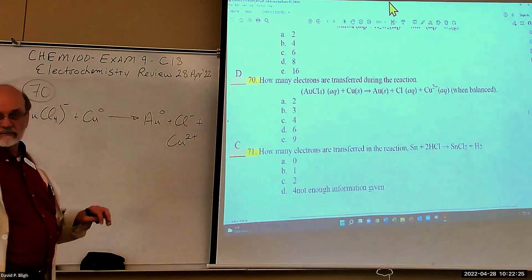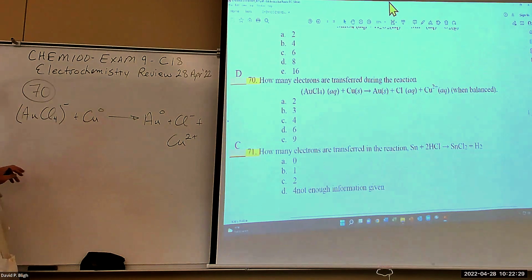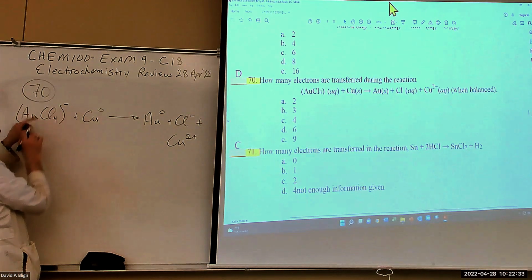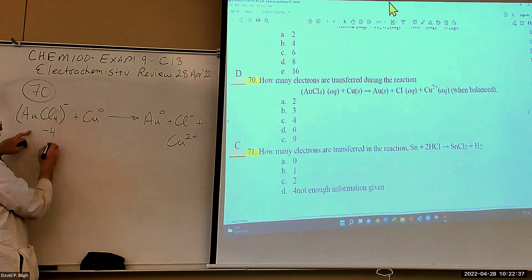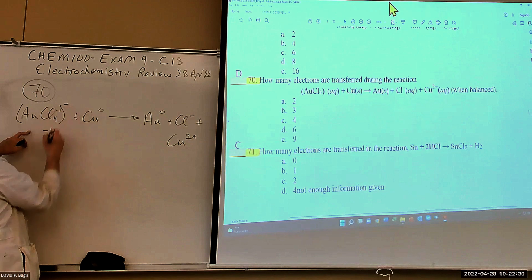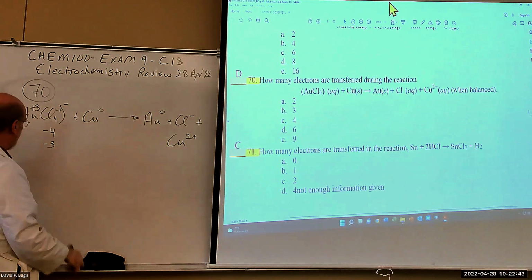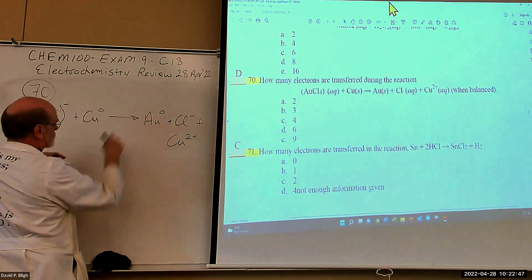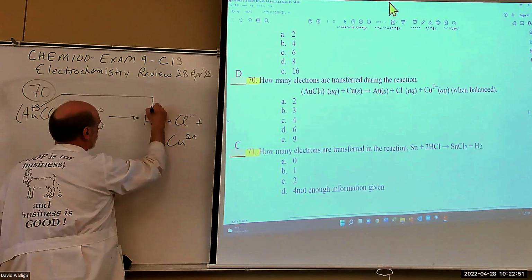Chloride doesn't change. So we don't have to worry about the chlorine. There's nothing happening to the chlorine. The gold, though, if this is for bookkeeping purposes, if this is -1, that's -4 total. Hold minus out, -3. This is a +3. So gold is going from +3 to 0.